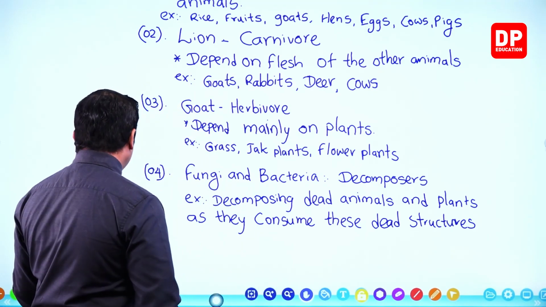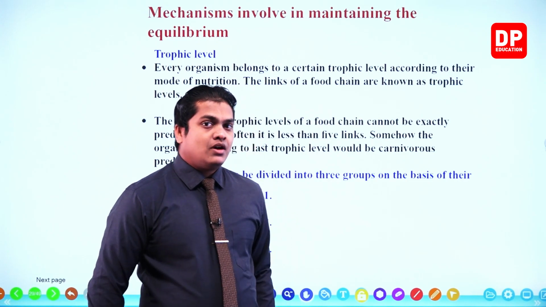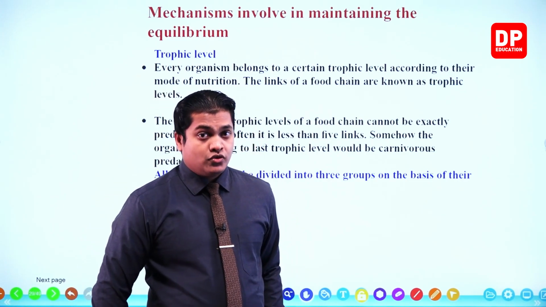So now let's head on to see the other content. Now given another subtopic, trophic level. Every organism belongs to a certain trophic level according to their mode of nutrition. The links of a food chain are known as trophic levels. Can you remember I told you about food chains?